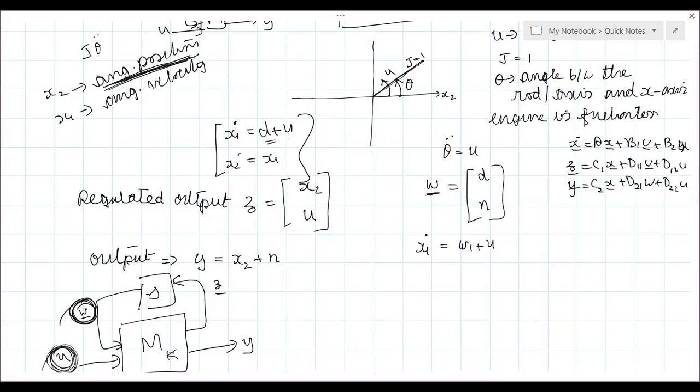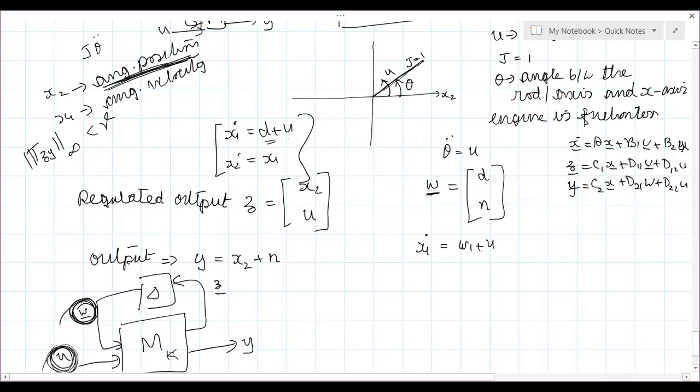We are just trying to minimize the effect of the external unwanted exogenous inputs on the output. That is why, if you remember, we are taking the infinity norm of T_zw, which should be less than gamma. Do you remember?